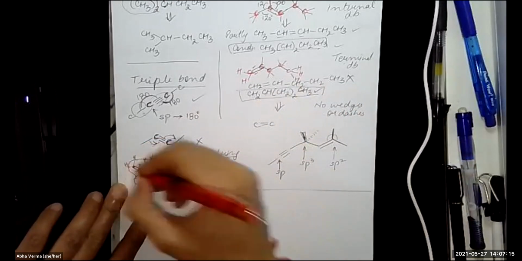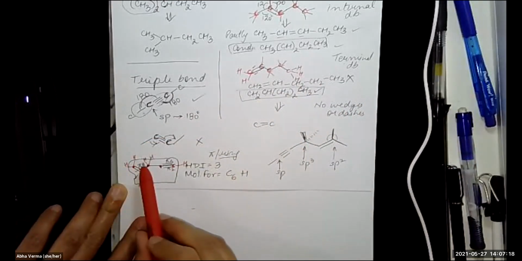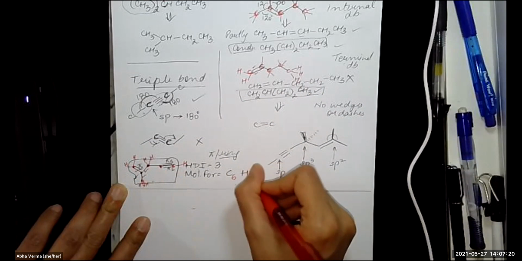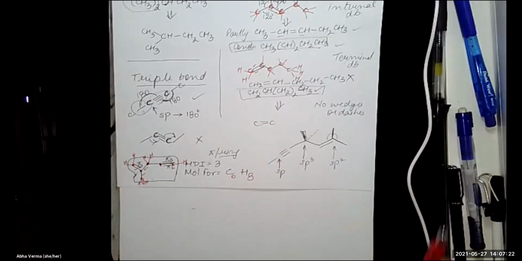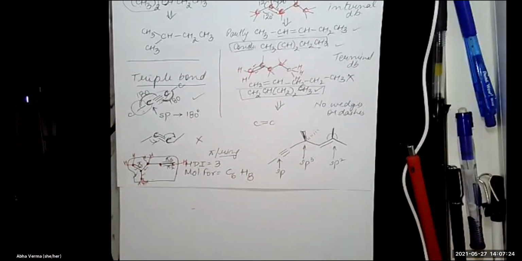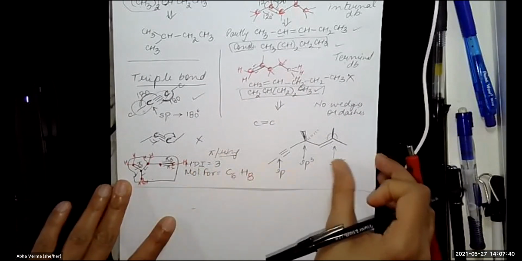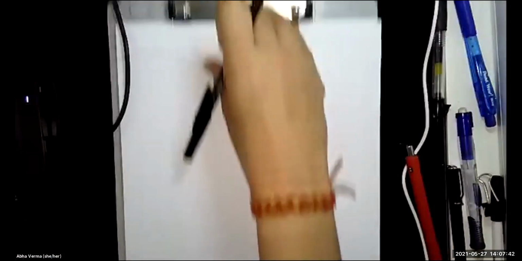How many hydrogens do we have? 3, 4, 5, 6, 7, and... Any questions? Any confusions? How would the condensed version of this look? Well, let's try this. Put it on a different piece of paper.